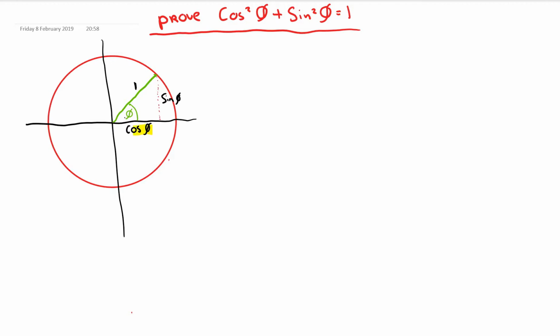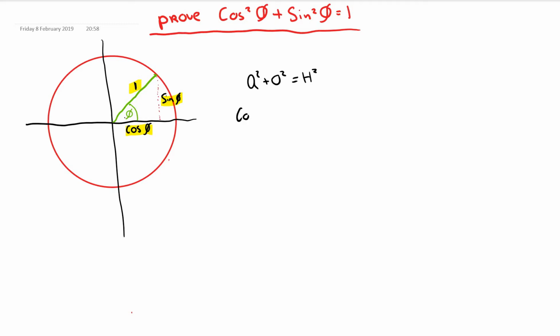So I want to prove that cos squared theta plus sine squared theta equals 1. To do that, I'm going to take Pythagoras' theorem. Pythagoras' theorem says that a squared plus o squared equals h squared. Well, our opposite is sine theta, our adjacent is cos theta.